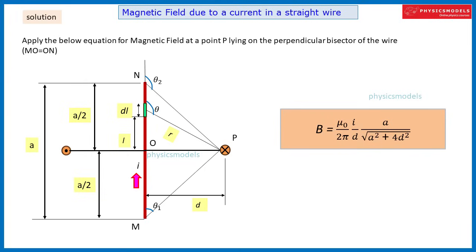That is point O there. And the distance of point P from the wire is the distance d. With that, the general equation for the magnitude of magnetic field B is equal to mu 0 by 2 pi into I by d into a by root of a squared plus 4d squared. Refer to my earlier videos for the derivation of this.